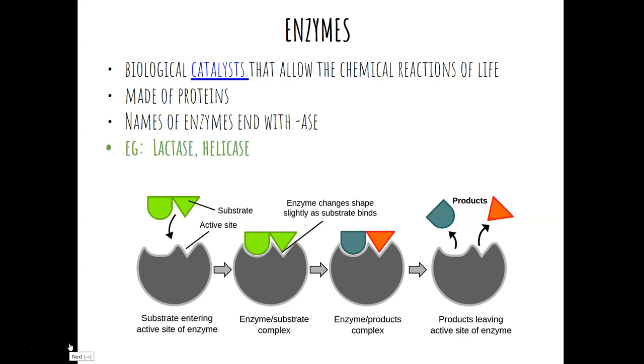As it does so, it allows a break to occur between parts of the substrate, resulting in the production of new compounds from that substrate. The products leave the active site of the enzyme, and the enzyme can proceed to perform another instance of promoting another chemical reaction.